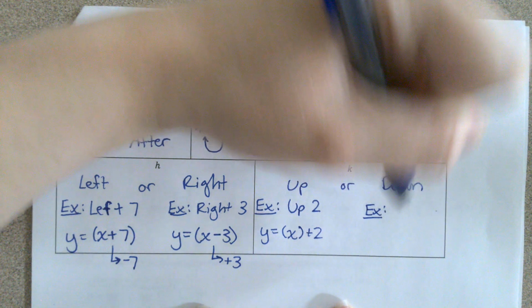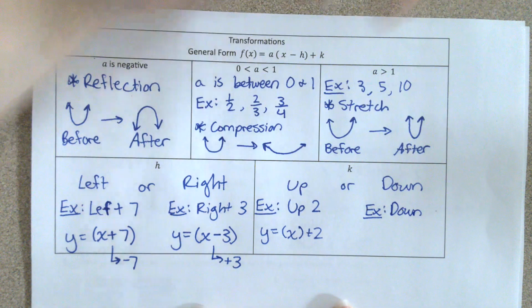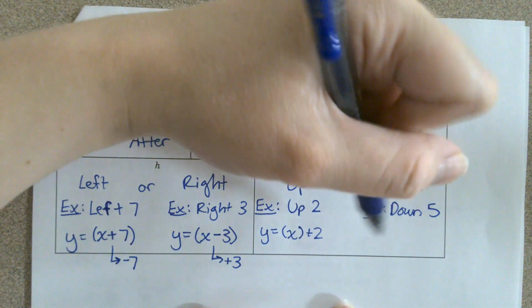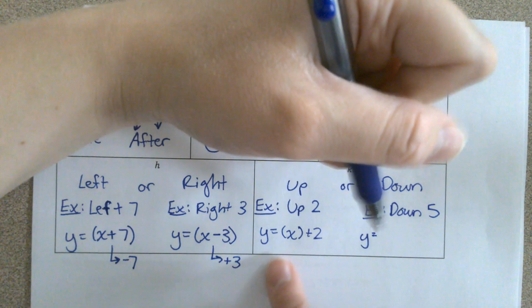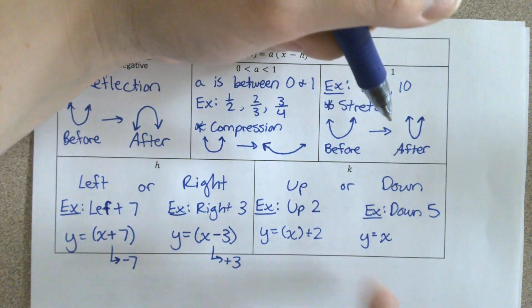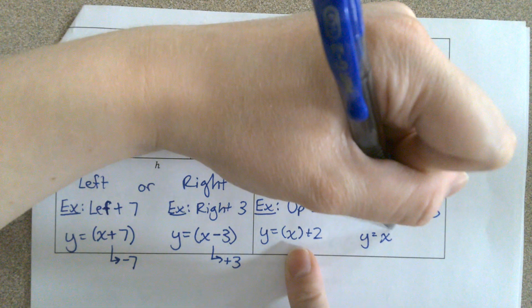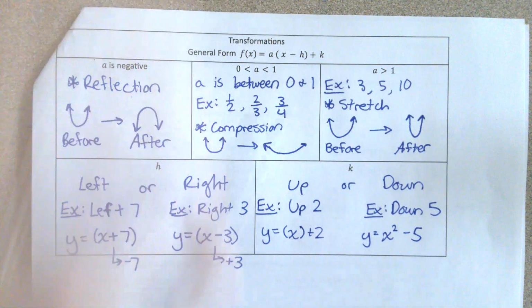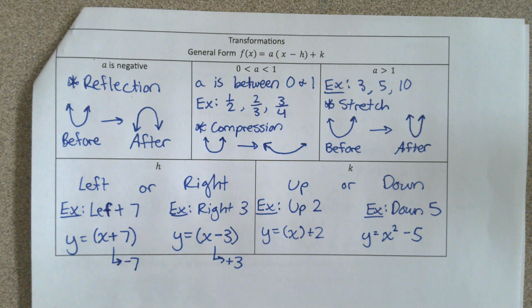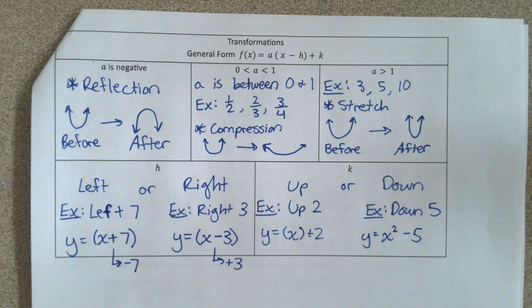And for example, if we had down 5, so y equals, and I'm going to drop the parentheses because a lot of times they don't even have it there, let's just do x squared, for example, x squared minus 5. It'll look something like that. And you read them exactly as it says.